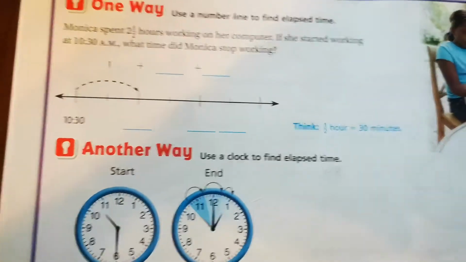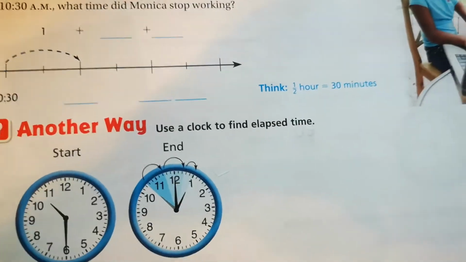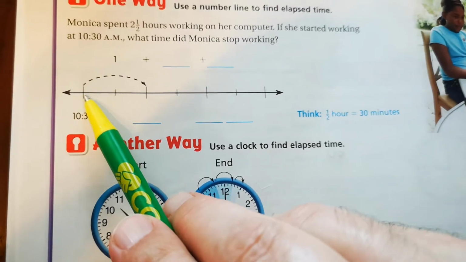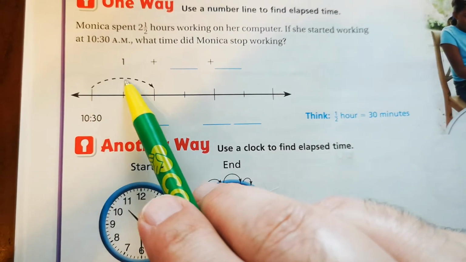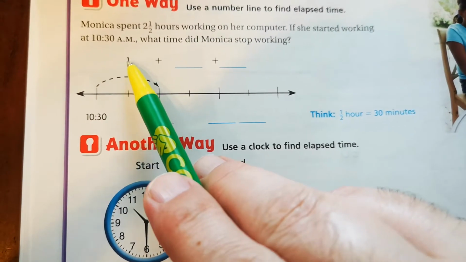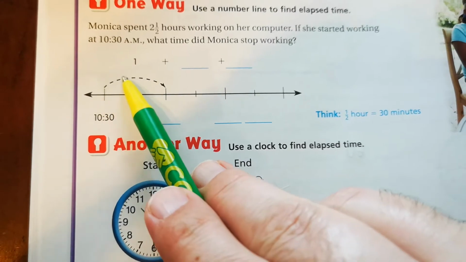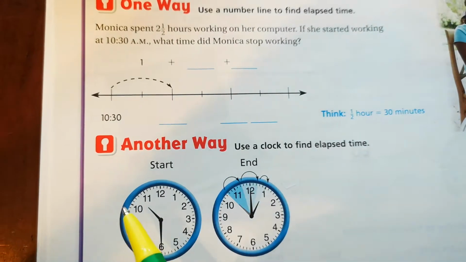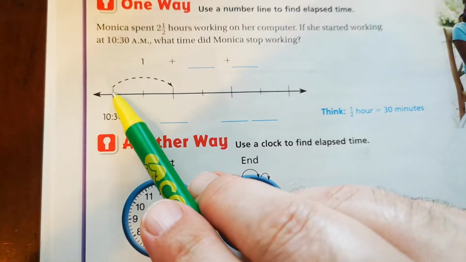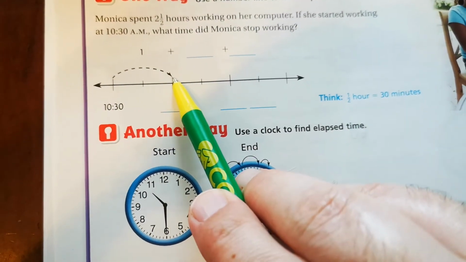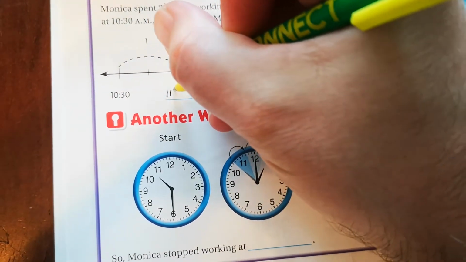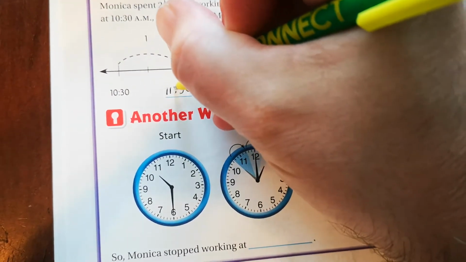Well, here we have a timeline, and it starts at 10:30. And I can assume by looking at it and showing this jump right there, and they put the number 1, so I assume that that's saying that it's taking a 1-hour jump here. So if I go from 10:30 and I go 1 hour forward, then I'm looking at 11:30.